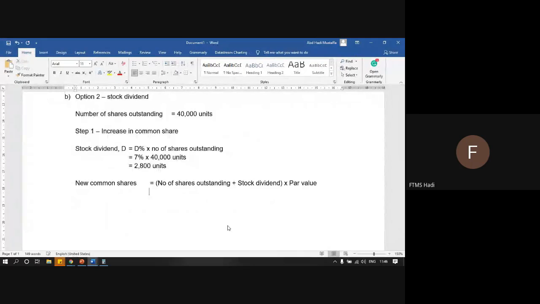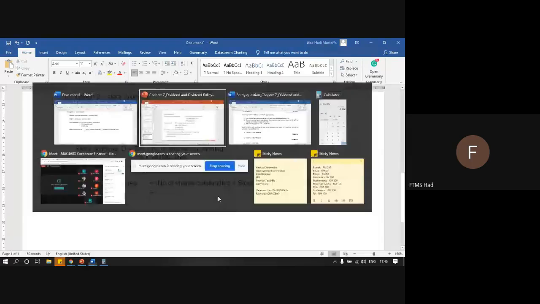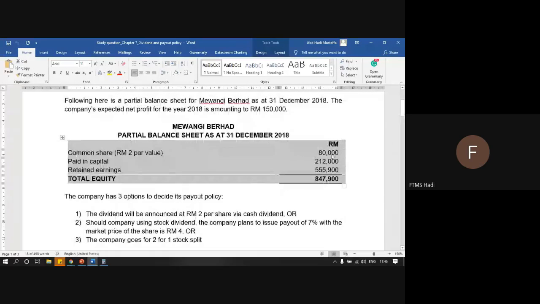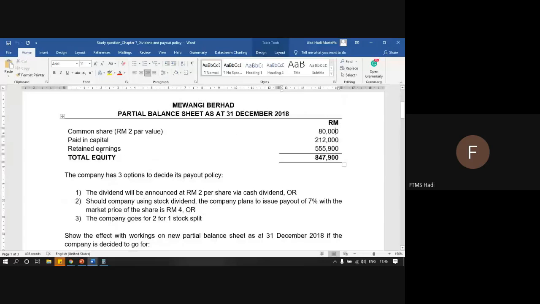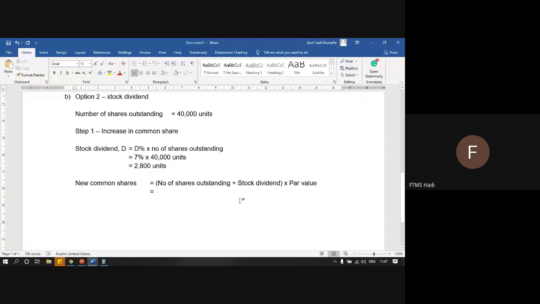So if you want to find the new common shares, remember in the question, the old common share is 80,000. So you need to update this one, because the effect of stock dividend will be an increase. The number of shares outstanding, which is 40,000 from this one, and then stock dividend 2,800, plus 2,800 units.